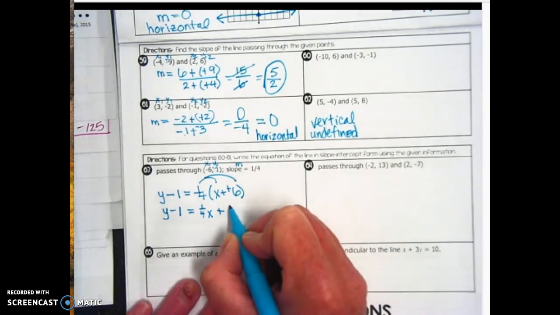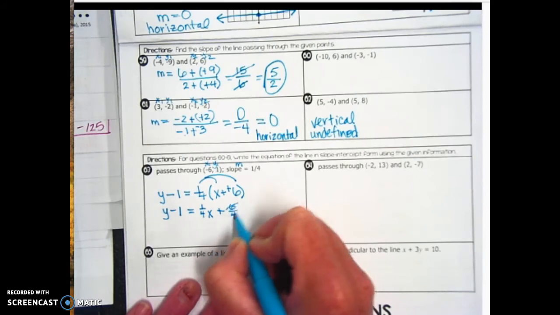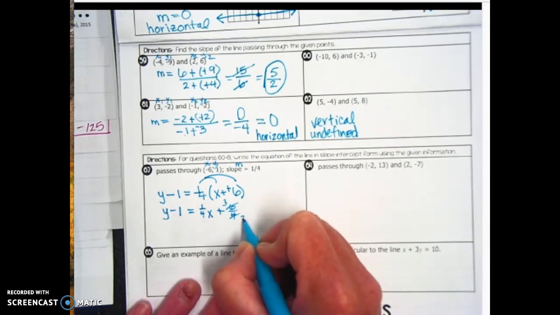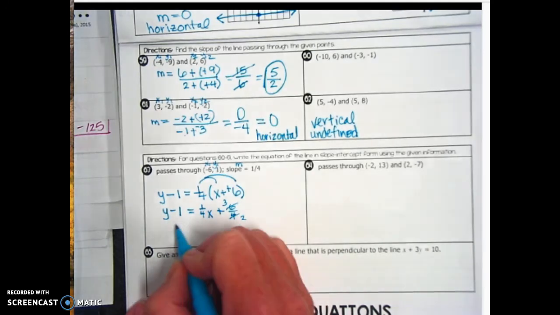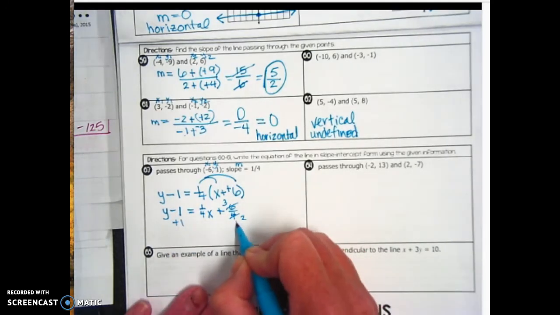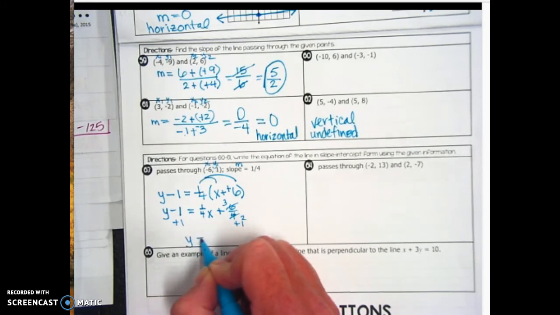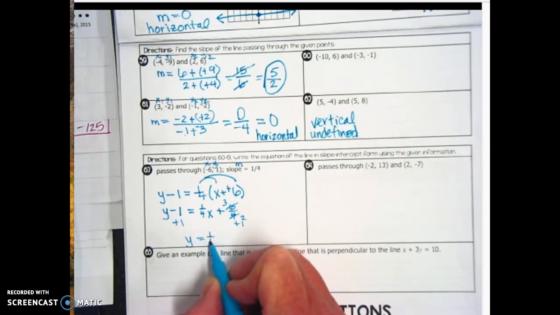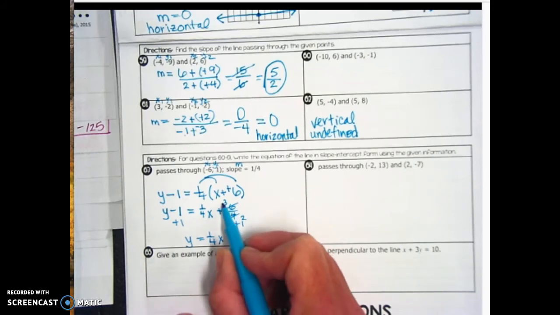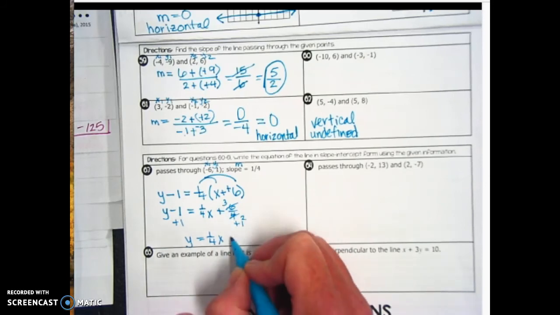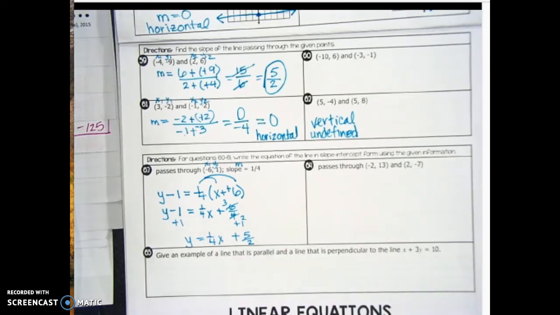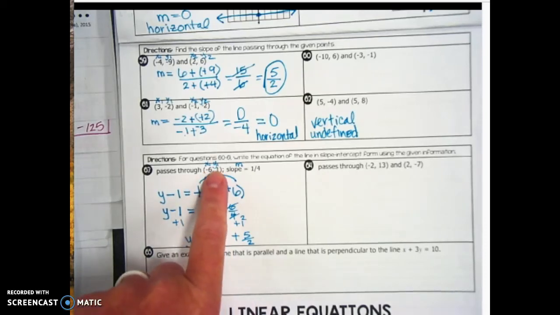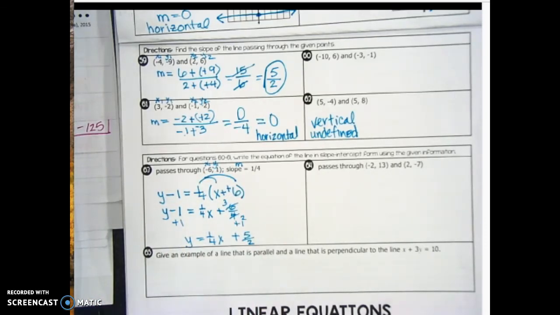But we can reduce 6/4 to 3/2. And then we've still got this 1 over here. So we need to add 1, and we get y equals the 1/4 x. And if we have 3/2 plus 1, that gets us to 5/2. Okay? So if you have a point and a slope, just use the point slope formula.